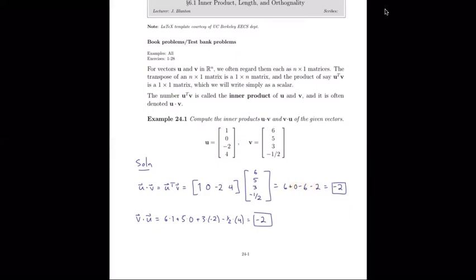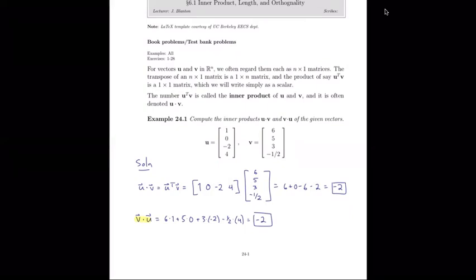Now we don't have to write this transpose and this matrix notation every time. It's good to know that that's in the background, and we might use that in more conceptual situations. But typically we're just going to take the dot product the way that we're used to doing it. So if in fact you've seen the dot product before, it's essentially the same as the inner product for this course.